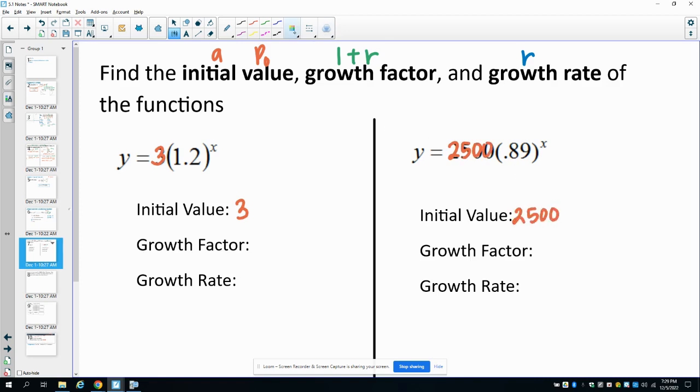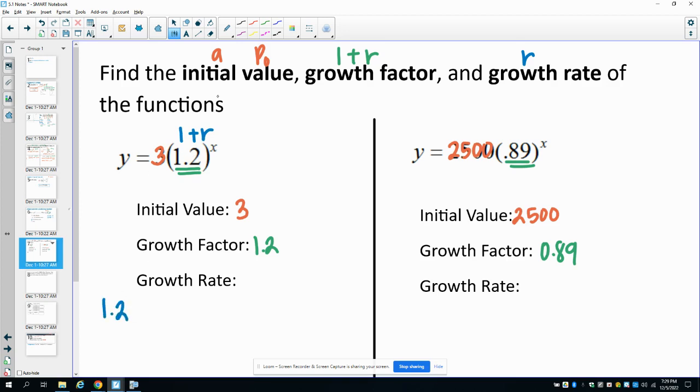So now when we go ahead and look at the growth factor, that's this whole number in here. So the growth factor is 1.2 in this one. The growth factor in this one is 0.89. So now we have to figure out the rate. So remember that the rate is just the r. So this number in here, this 1.2, is equal to 1 plus r. So you can set up an equation if you want to.